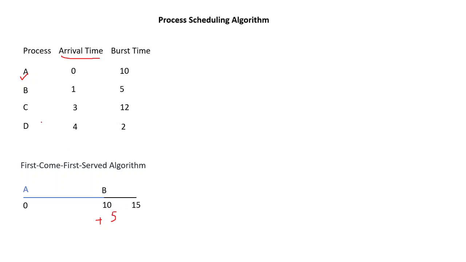Now C will be executing from time point 15 to time point 15 plus 12, which equals time point 27. And at time point 27, D will be the next process to get into the processor, executing from time point 27 to time point 27 plus 2, which equals time point 29.